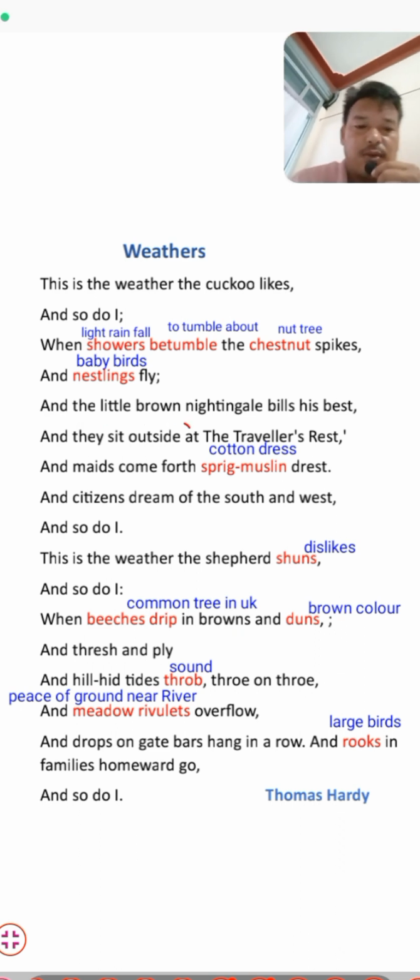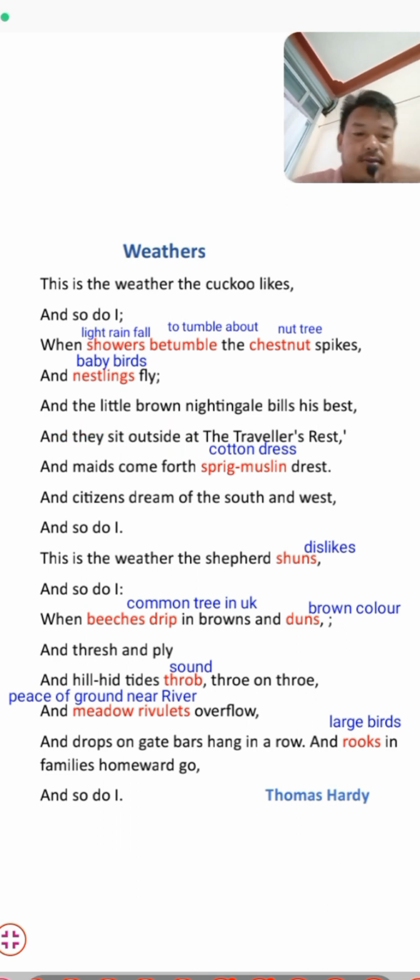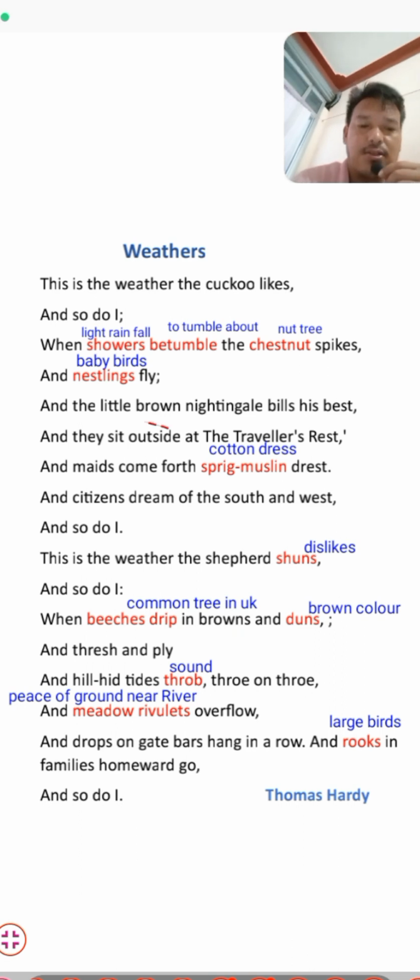All the natural beauty turns dull and unpleasant, as the shepherd hates this weather. It is a season which is hated or avoided by everyone, and even the shepherd dislikes this weather.